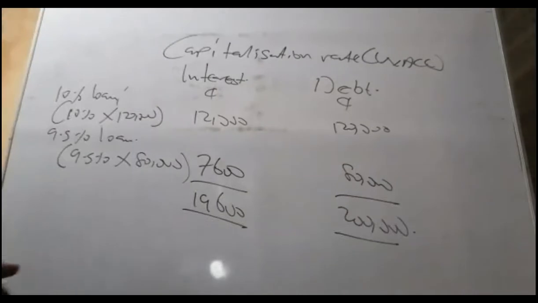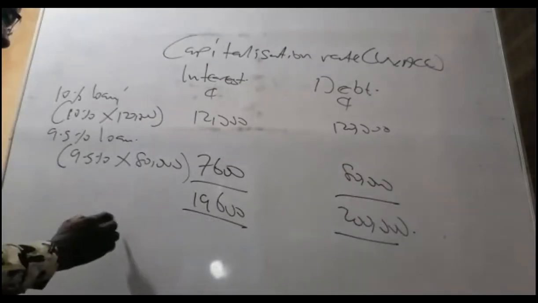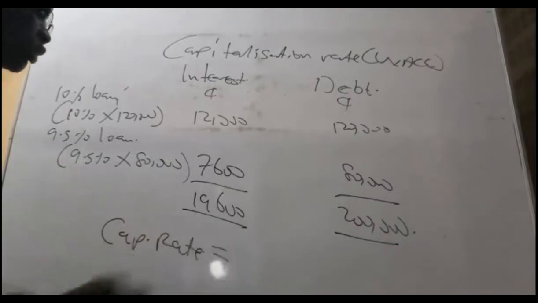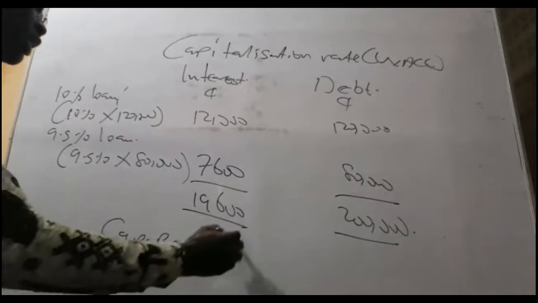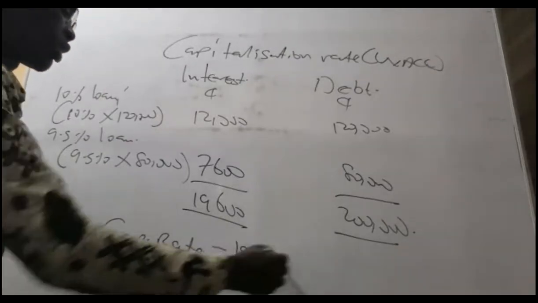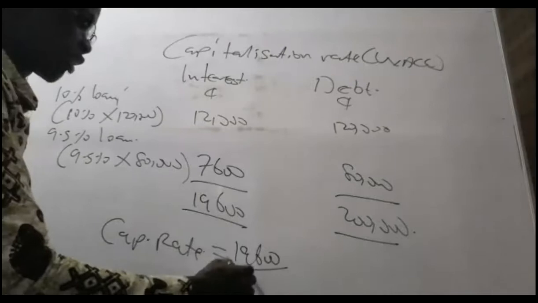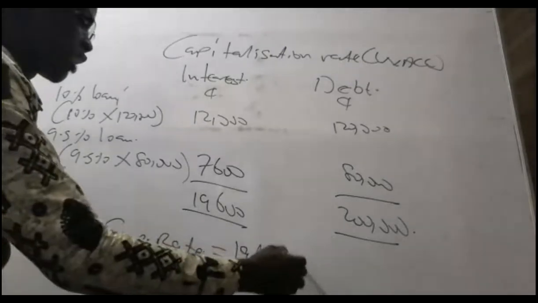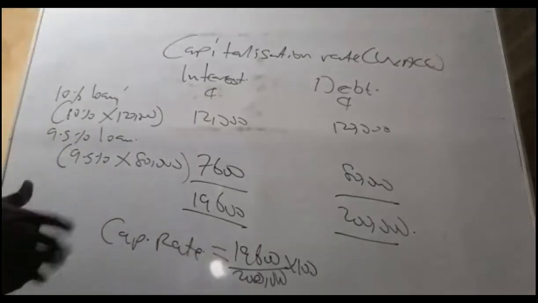Good. So what's the capitalization rate? So therefore, the capitalization rate will be equal to the total interest, 19,600, divided by 200,000, times 100%. So what's the capitalization rate?